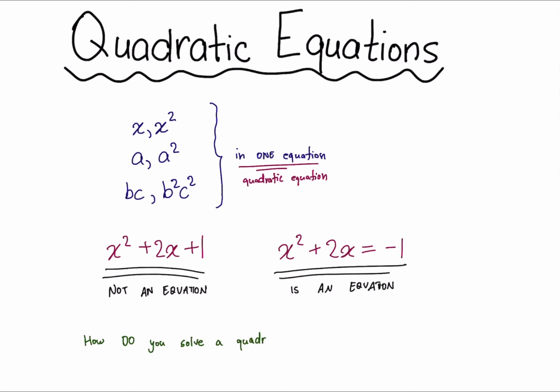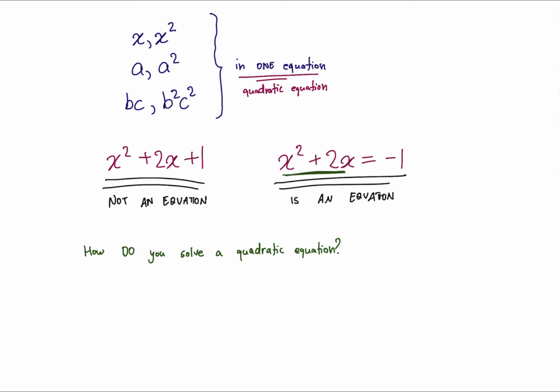Normally, what you'd do is try to get x to one side of the equation. But in this case, even if you did that, you can't really figure out a way to derive the actual value of x. So we're going to take our previous example, x squared plus 2x is equal to -1.